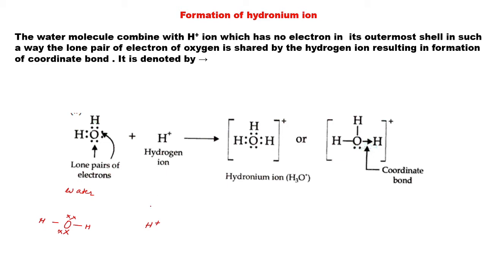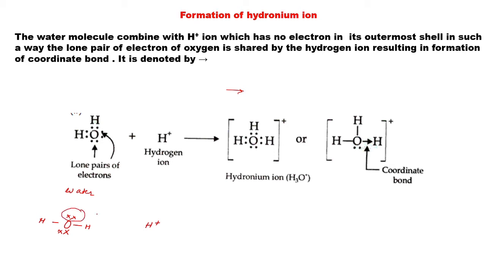That means it does not have any electrons in its outermost shell. So what will happen? The hydrogen ion, as it is deficient of electrons, will accept a lone pair of electrons from the oxygen atom of the water molecule, leading to the formation of a coordinate bond. And coordinate bonds are denoted by an arrow.